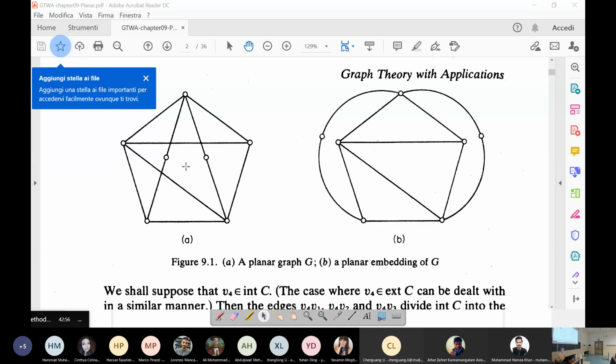And so, for instance, we might have that this is a certain graph where vertices represent Facebook users and edges represent friendships, as in our first examples, okay? And in this case, it is of no use to know whether you can embed that graph or not in the plane. In some other situations, it is important.